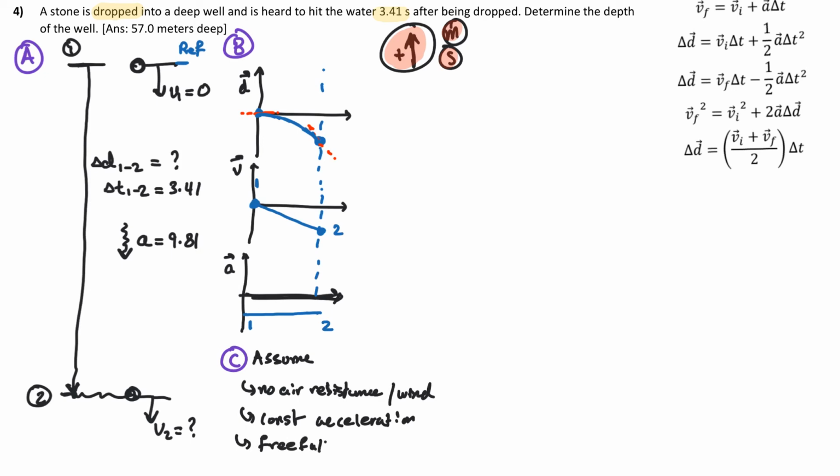That means no other forces are acting on it. But in this case, these kind of go hand in hand, so you can include either one of them, and that's completely fine. When it's free falling, it means no other forces are acting on it. And when it's dropping, there's no air particle pushing it back, because there's no air resistance or wind effect.